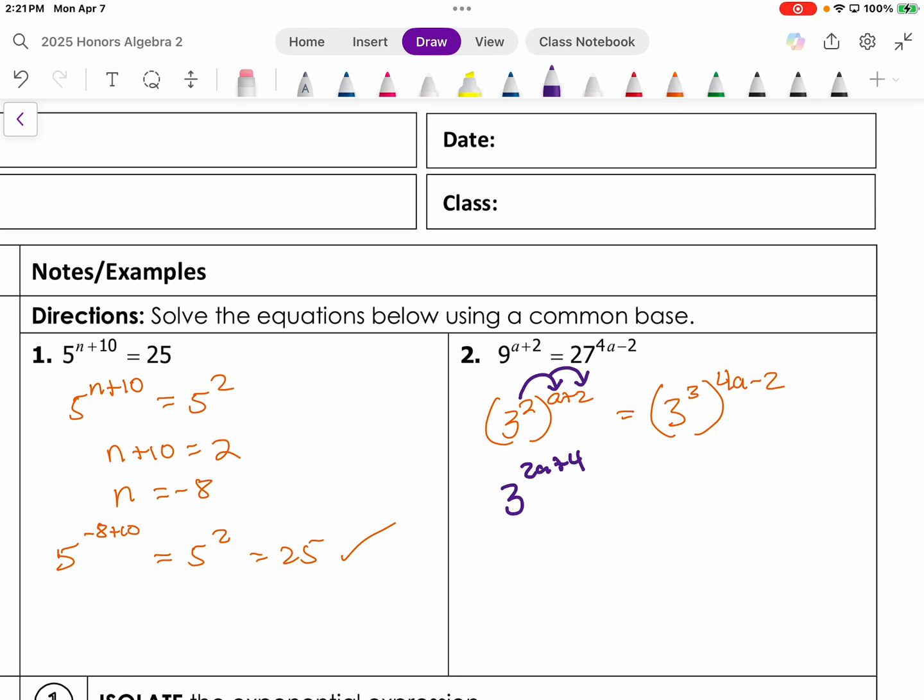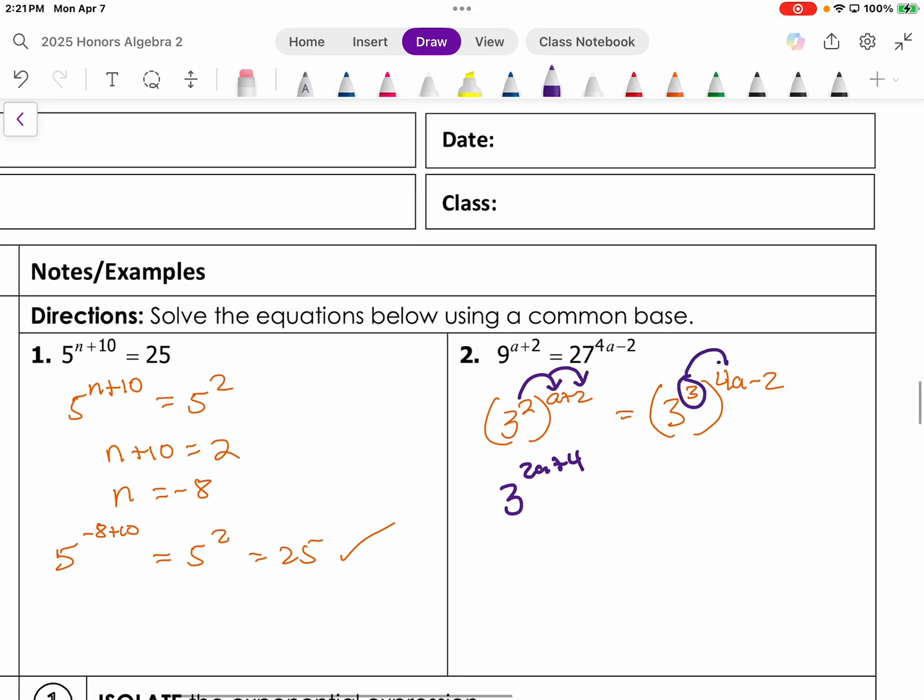On the other side, I distribute the 3 to both parts of that exponent, and on the right side we get 3 to the 12a minus 6. Now we have the same bases, so I can say 2a plus 4 equals 12a minus 6.